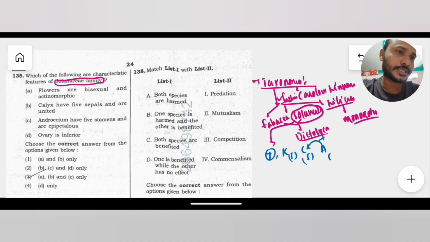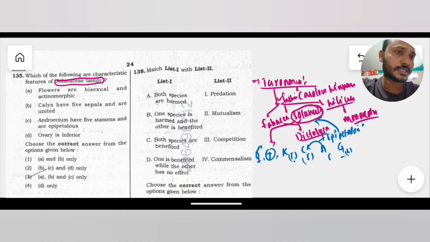This condition is called epipetalous, a characteristic feature of the Solanaceae family. G, gynoecium, is bicarpellary with a superior ovary. And the flower is bisexual, having both male and female parts. So this is the floral formula of Solanaceae.